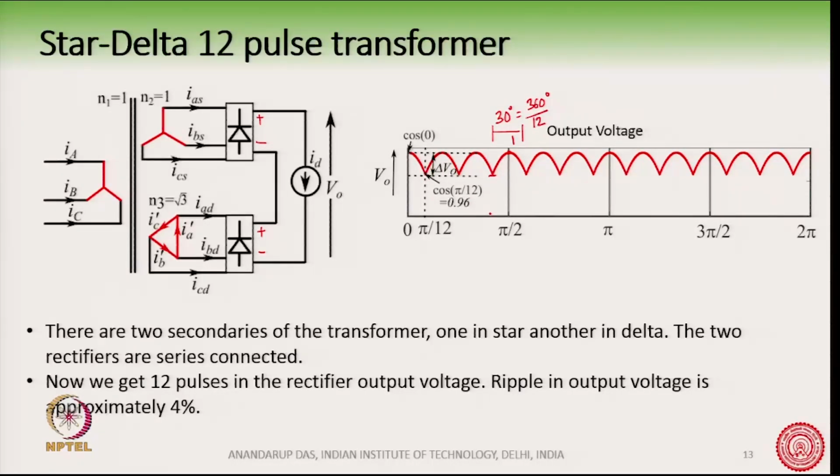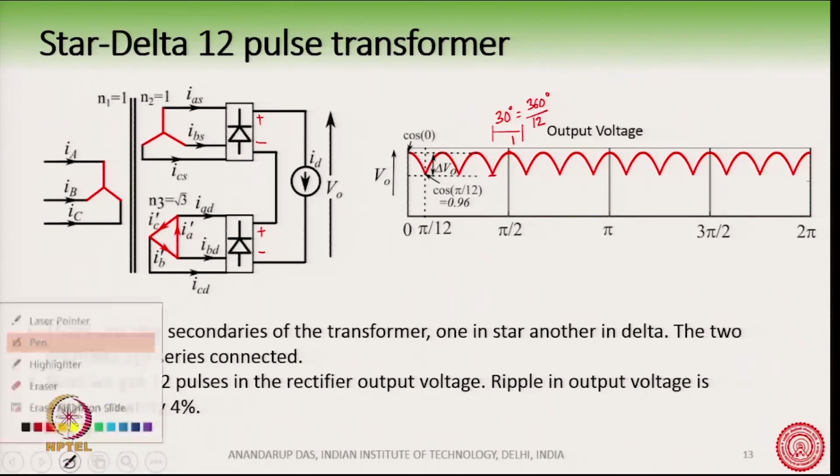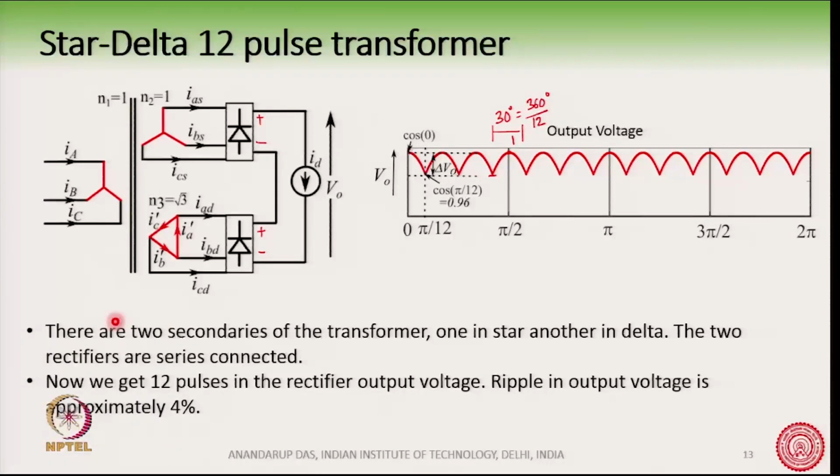So the ripple in the output voltage is now only about 4%. Earlier we had seen that the ripple in the output voltage was about 14%. So 12 pulse rectifiers were used in earlier days, and even today 12 pulse rectifiers are used, because they give a substantial improvement in the output voltage ripple.